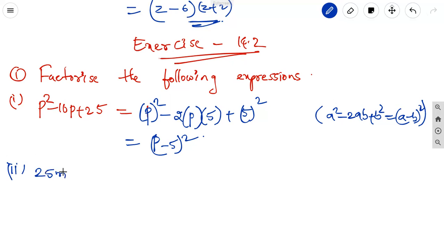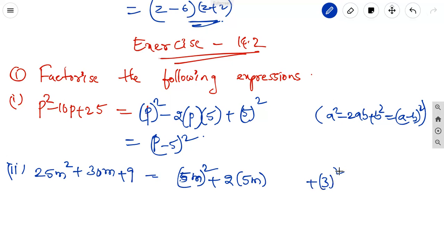The next question is 25m square plus 30m plus 9. Observing this, 25 is a perfect square, and 9 is also a perfect square. 25 can be written as 5 square, m square is nothing but m, so (5m) whole square, plus 2 into a is 5m. 9 is a perfect square, that is 3 whole square.